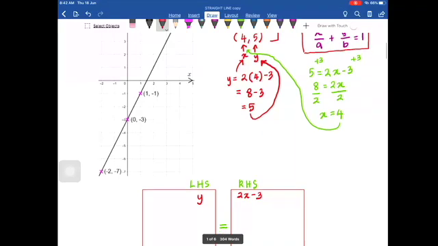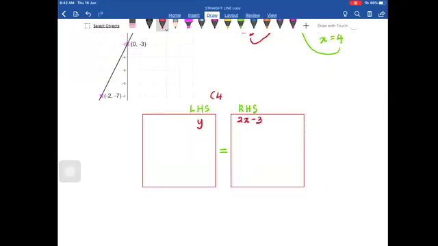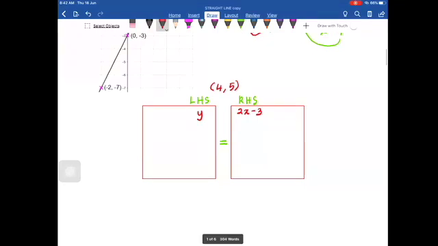Okay, so I have coordinate 4, 5. Okay, so saya pun menggantikan kedua-duanya serentak. So Y, I substitute jadi 5. So 2x, 2 times x, 4 minus 3. So sebelah kanan tu saya kena selesaikan. So 8 minus 3, so 5 is equals to 5.